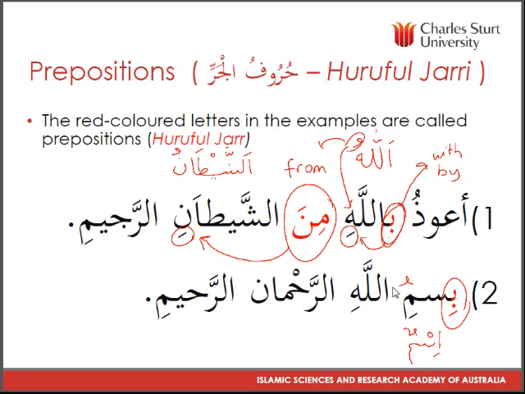We should say ismullahi normally. But because we prefix with bi, it becomes bismillahi. So this kesra is because of bi in front. It is a preposition and it changes the ending of the word from damme to kesra.